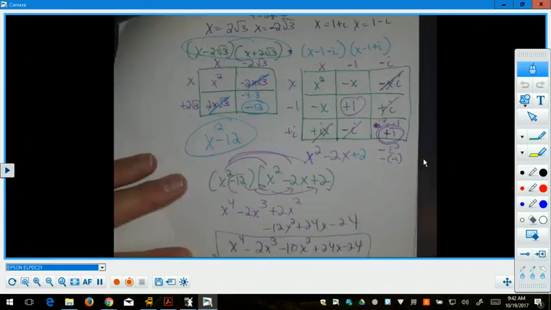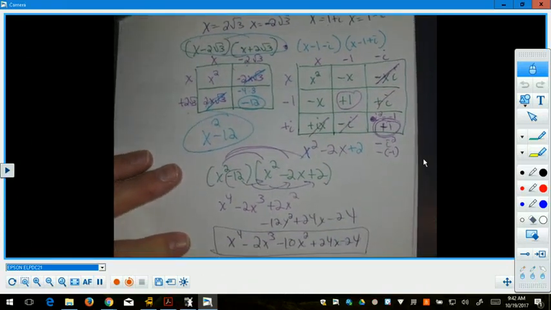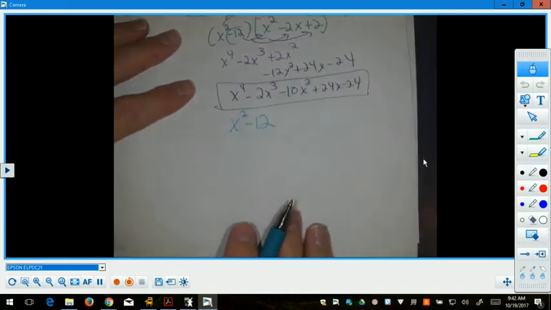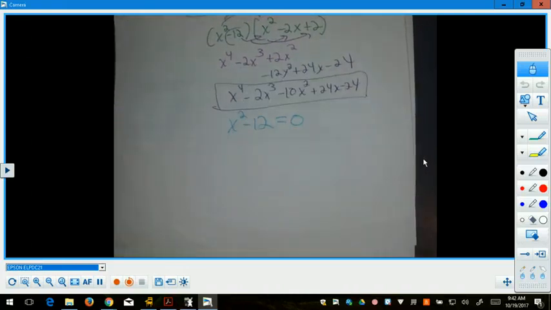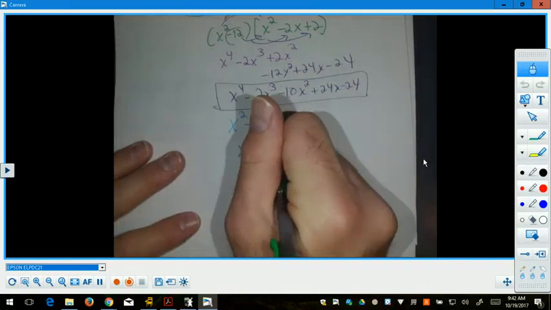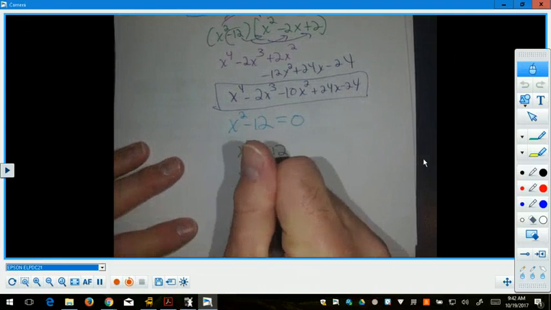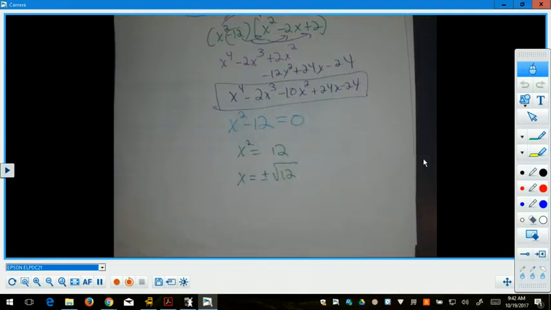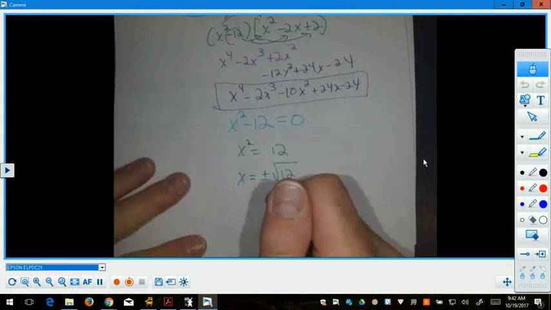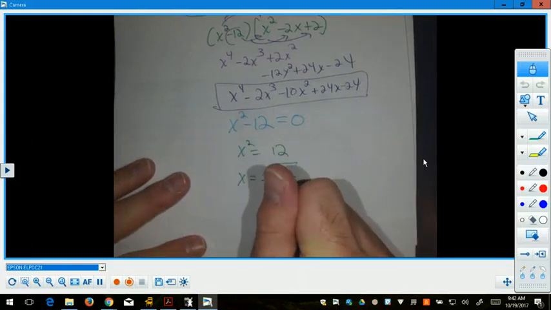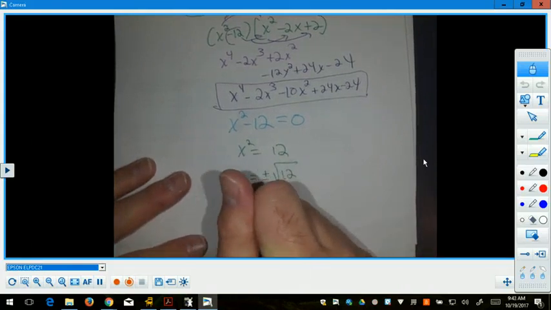You don't have to write this part down right now, but if I were solving x squared minus 12, what would I do first? Add 12. So I'd get x squared equals 12. Now I'd take the square root. I'd have plus or minus the square root of 12. And I'd break that down to 4 and 3, which is 2 square roots of 3, right?